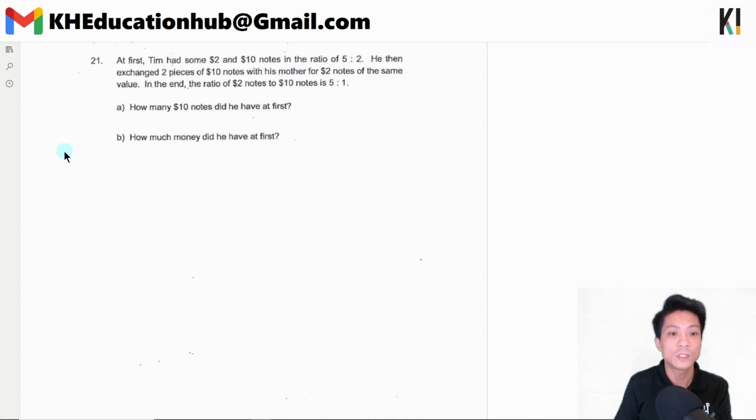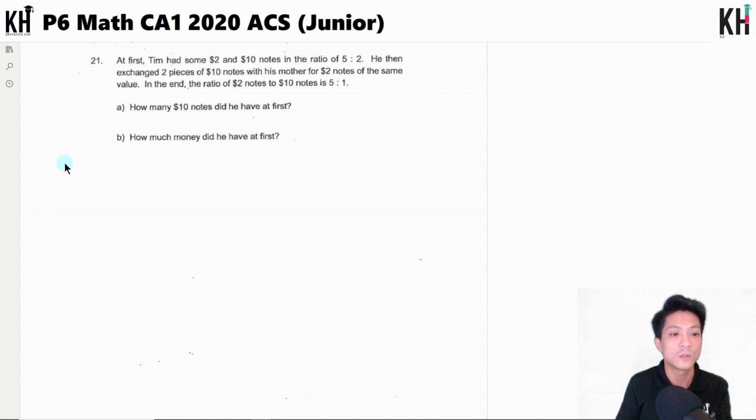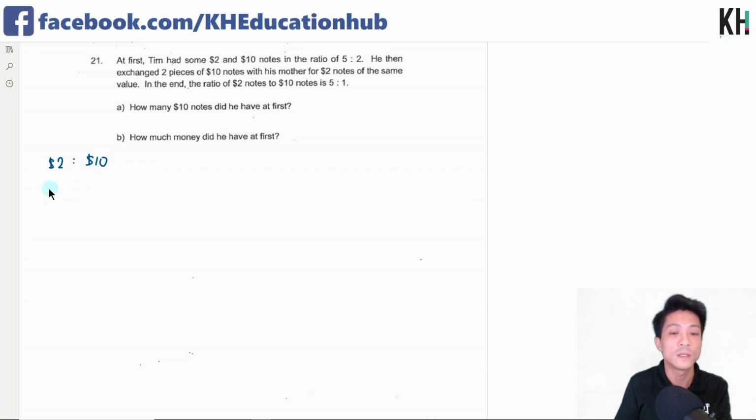Basically for this question, we need to use the parts and units method. So I'm going to use that first. The ratio of the number of $2 notes to $10 notes at first will be 5:2.